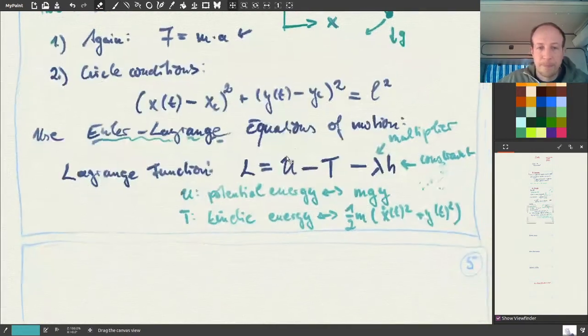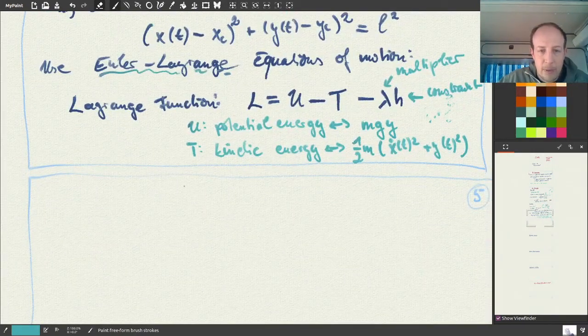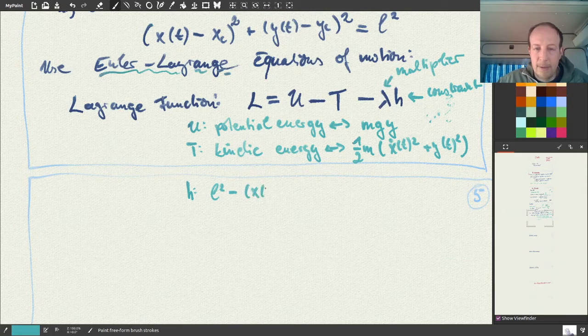and let's work on with the constraint. H is in this case L squared minus what was over there, so x of t minus xc to the squared minus y of t minus yc squared.